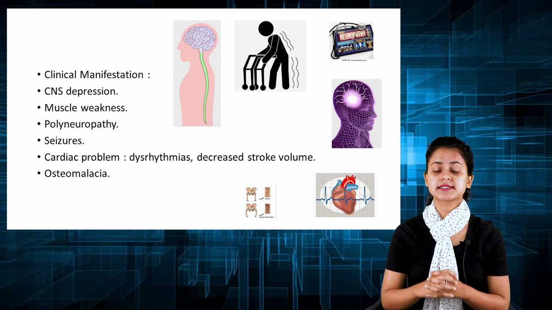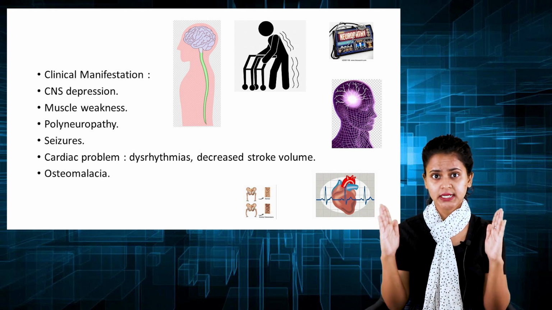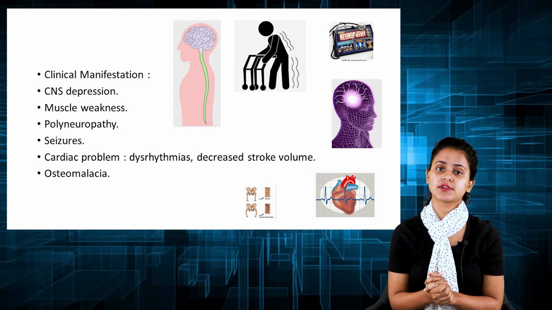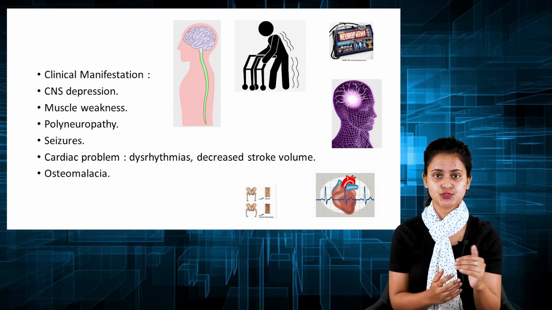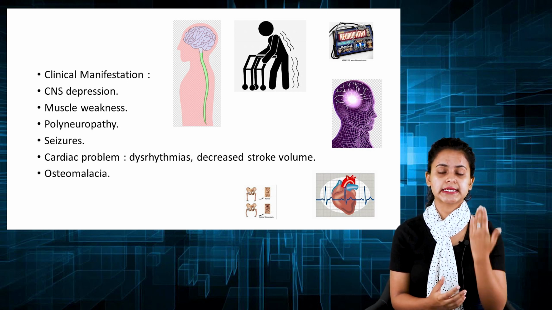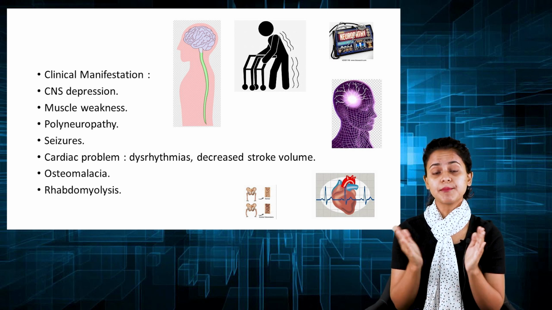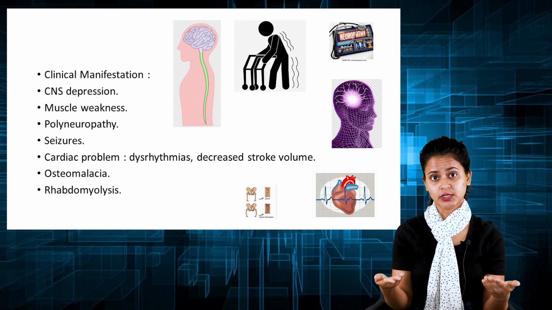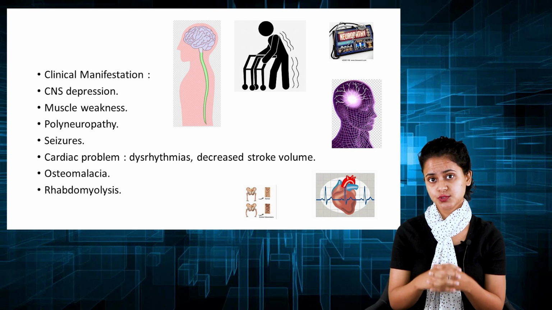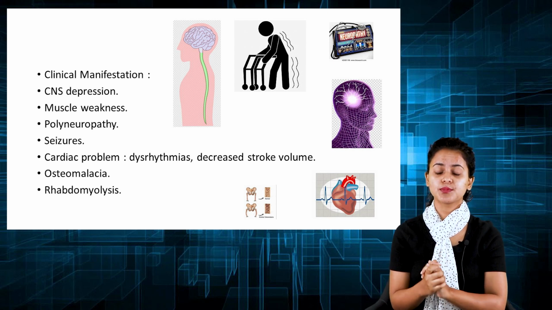The next manifestations, very commonly associated with hypophosphatemia, are osteomalacia and related symptoms. Rhabdomyolysis is also commonly seen with hypophosphatemia for a client. So I hope you are completely clear now regarding the basic causes and the manifestations of hypophosphatemia.